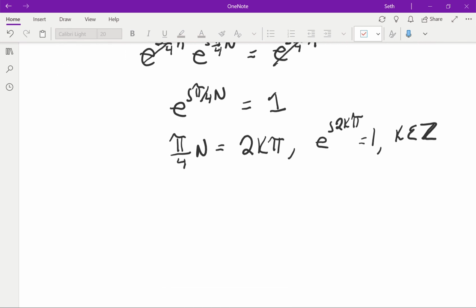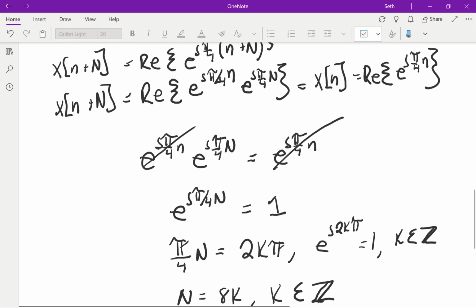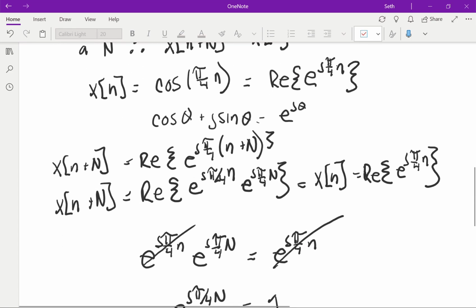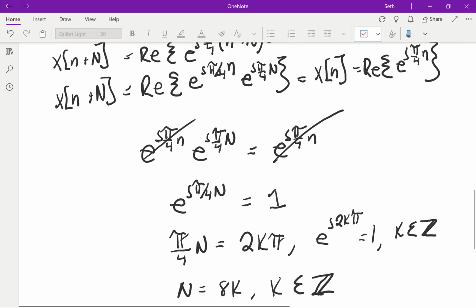Okay, so now we can write that N is equal to, the pi's cancel, 8k, where k is an integer. And that's our condition for periodicity for this function, x of n equals cosine pi over 4 times n.